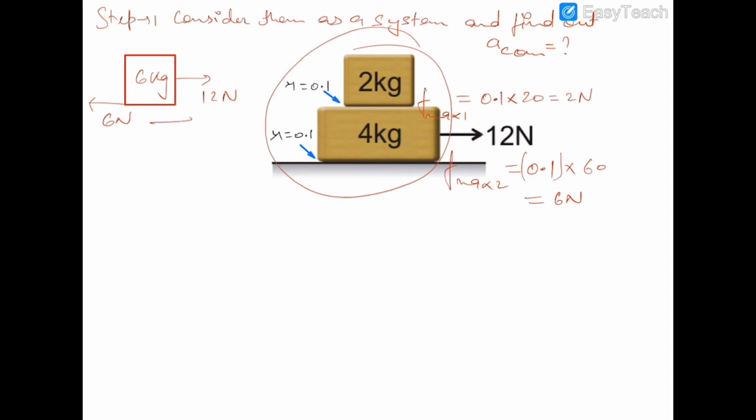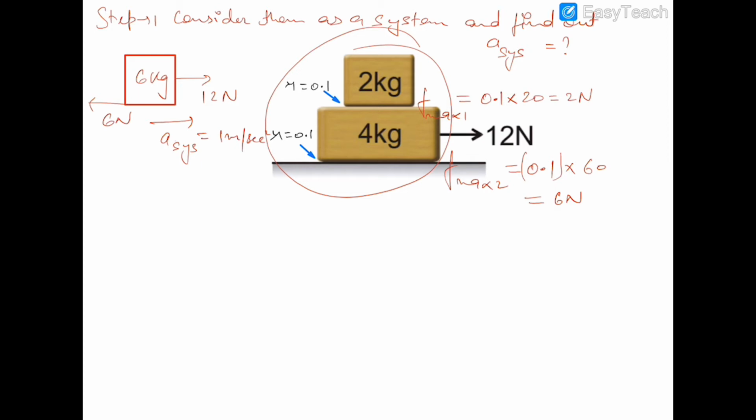The acceleration of the system, a_com or a_system, will be equal to 6 upon 6, which is 1 meter per second square, derived from (12 minus 6) upon 6.